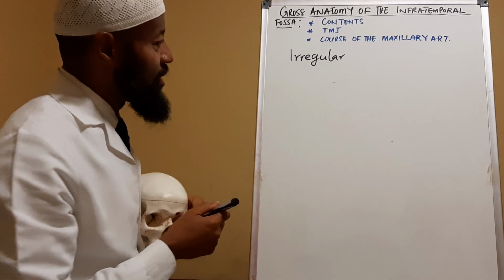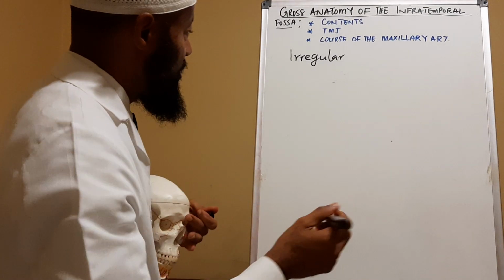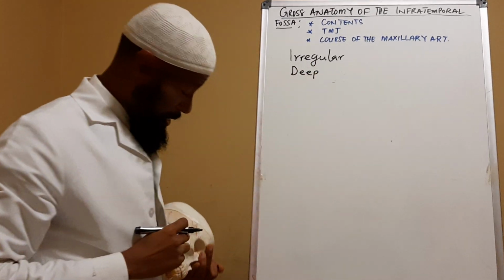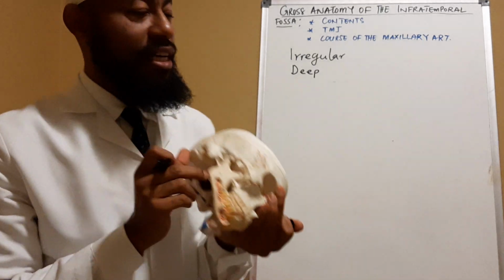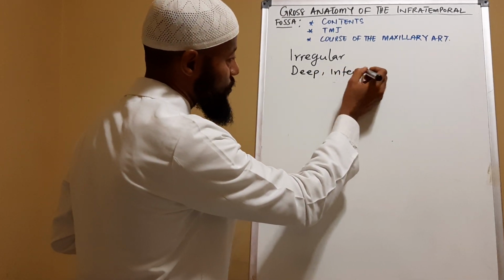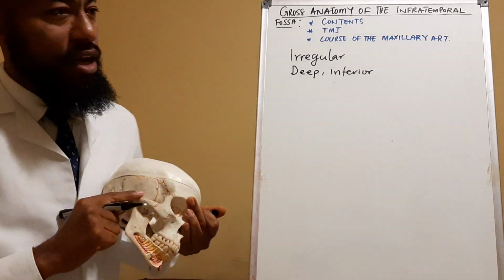It is an irregularly shaped space that is deep. Look at that, it is very deep. It is deep, and at the same time, it is inferior. Inferior to where? It is inferior to the zygomatic arch.